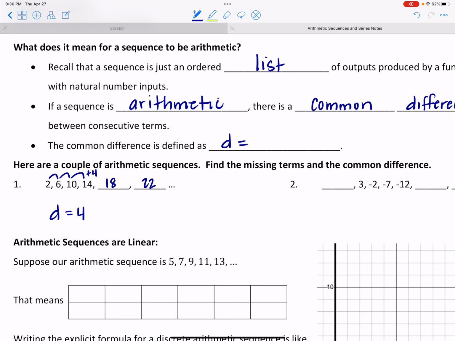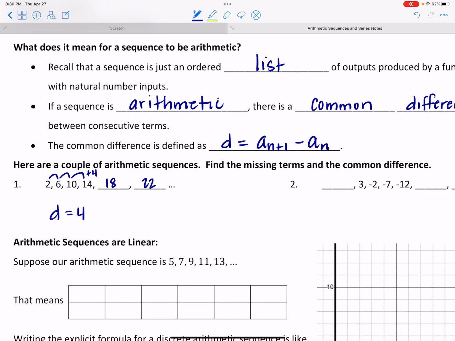Now when we're getting that common difference of 4, moving from the first term forward, we say we're adding that 4, but the common difference we find by taking a term and subtracting the one before it. So we define D as a sub n plus 1 minus a sub n.